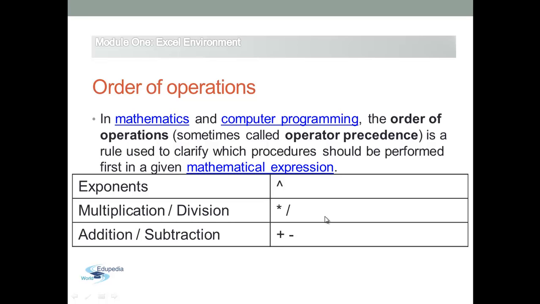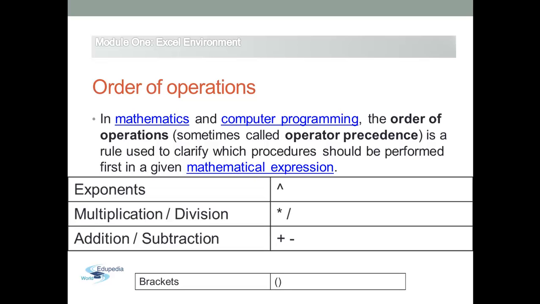If you combine several operators in a single formula, Excel performs the operations in order: exponents are the first operation that takes place. Then multiplication and division are done before addition and subtraction. And if you want to change the order, include in parentheses the part of the formula to be calculated first.